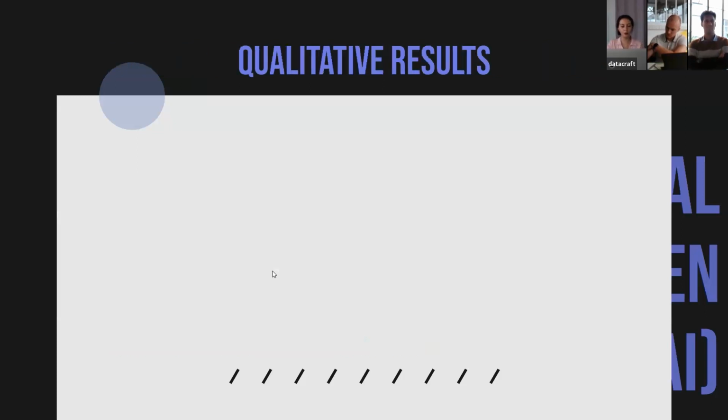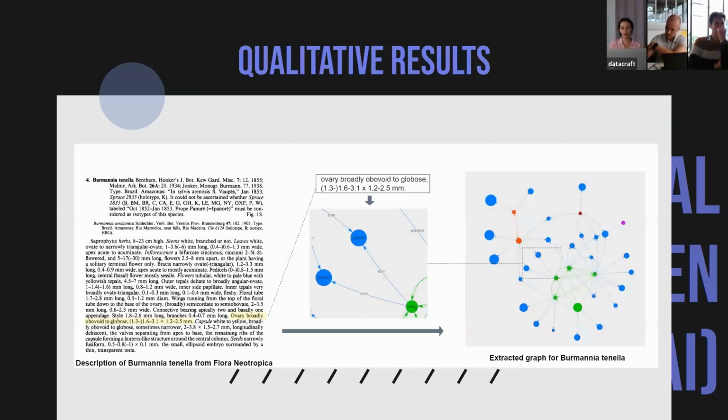So now we will be presenting the results of our model with self-training on the whole framework, on how it performs for extracting a graph from a species description. We can see here, for example, the species description of Burmania tenella.